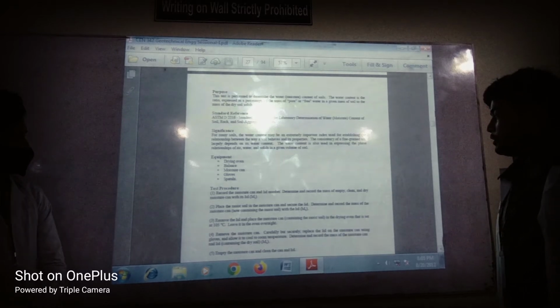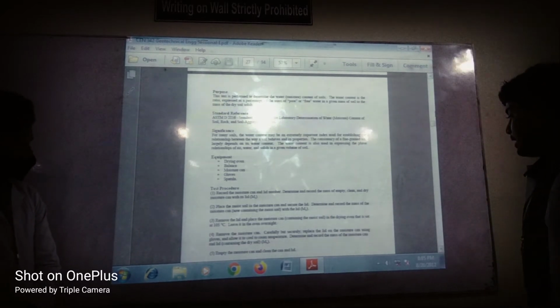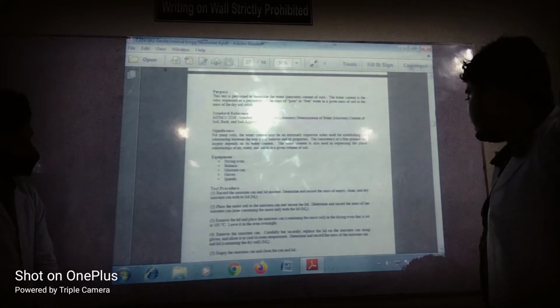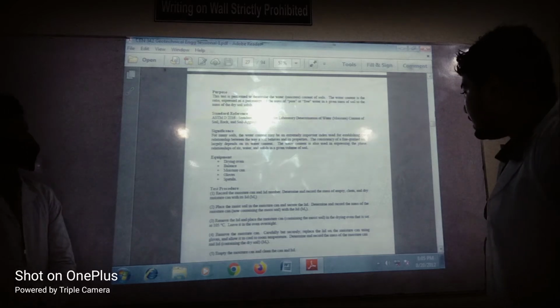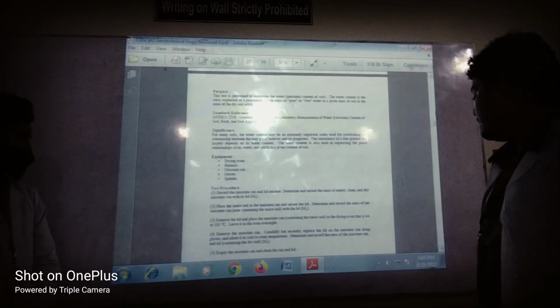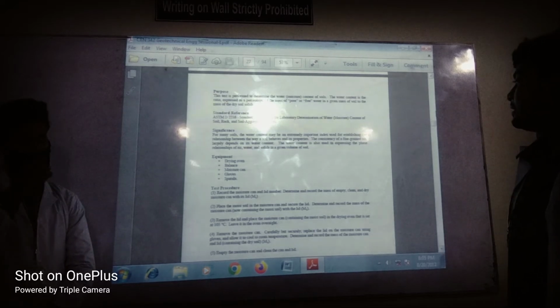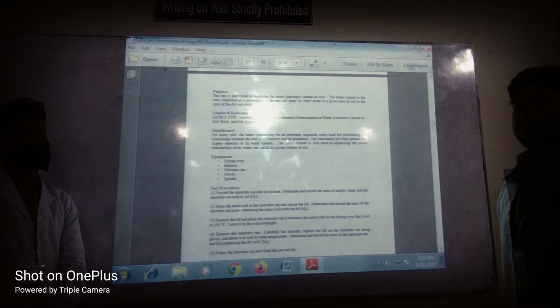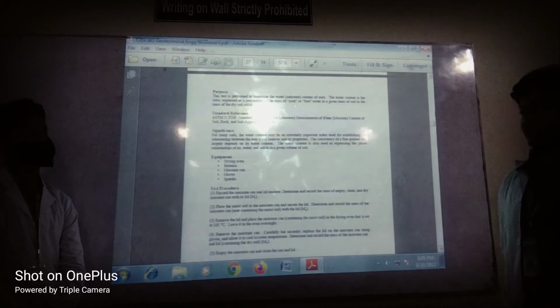Procedure 2: place the moist soil in the moisture can and secure the lid. Determine and record the mass of the moisture can with lid, M2. M2 means moist soil plus moisture can plus lid number.